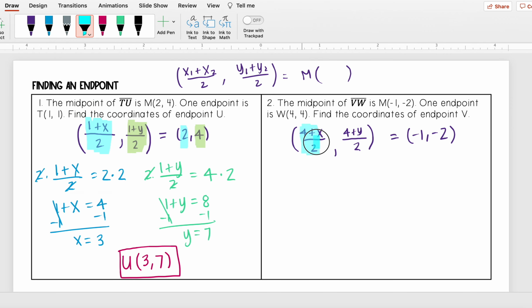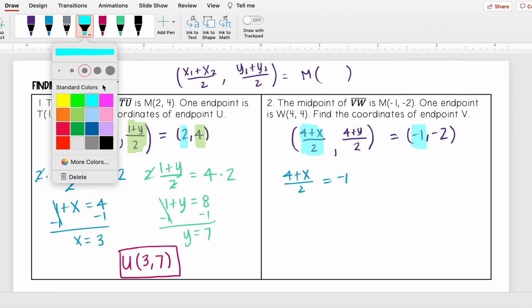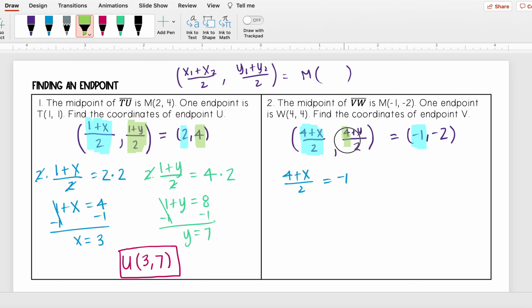I know that 4 plus x over 2 needs to equal -1, so I have 4 plus x divided by 2 is equal to -1. Then I also know that 4 plus y divided by 2 needs to equal -2, and so I get that equation as well.